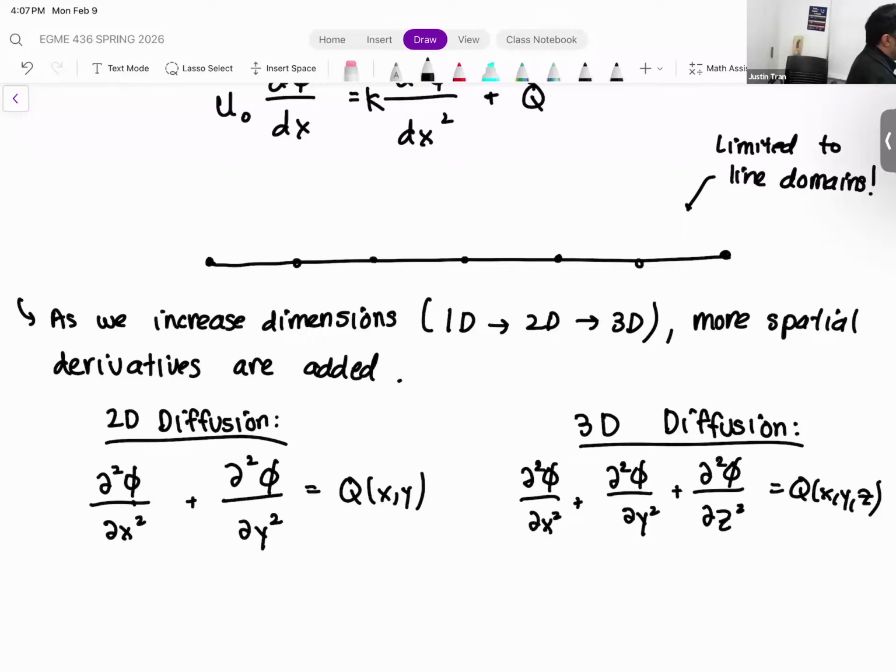All right, so more derivatives means that we have more terms, more finite differences we have to apply. The good news is that our general approach doesn't really change. At this point, let's say we wanted to solve this with finite differences, we do it in the exact same way we did in the 1D equations. We just take every single derivative and replace it with the finite difference approximation.